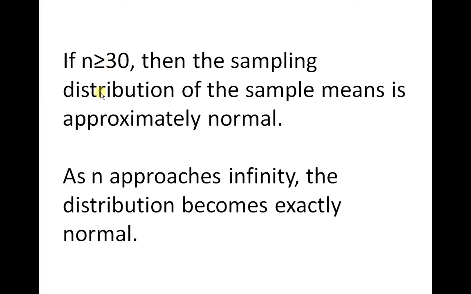It's just a guideline. The central limit theorem just says the bigger n gets, the more normally distributed it is. And remember, that doesn't depend on the shape of the population, because we just looked at a skewed distribution, and as n got larger, the sampling distribution became normally distributed.